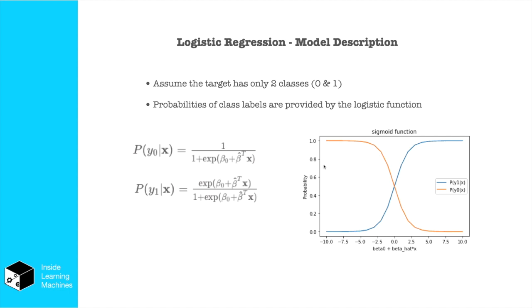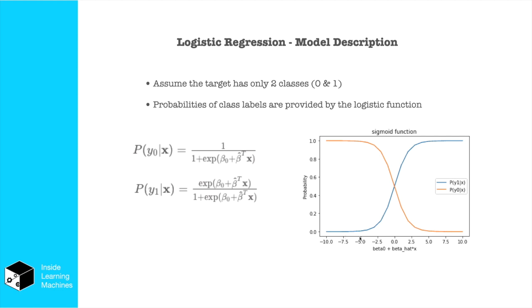So if we plot out these two different functions here for a range of the exponent values, so the exponent is just the combination of the model parameters and the independent variables, we see that for very small values, the probability of getting a 1 is low, it's close to 0, whereas the probability of getting a 0 is quite high, it's near 1.